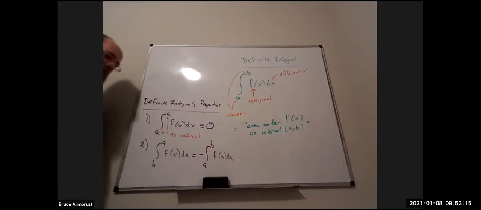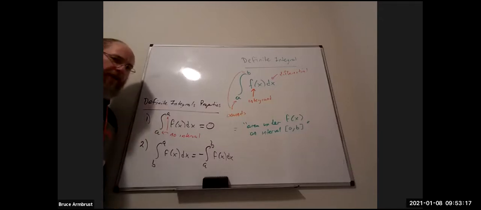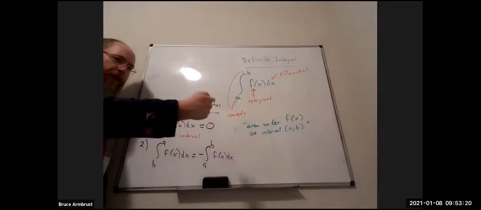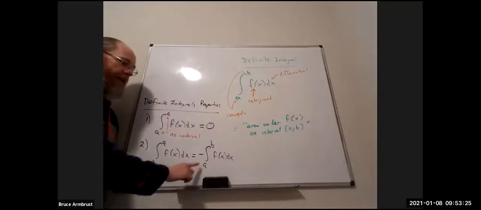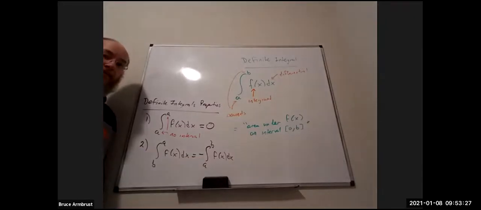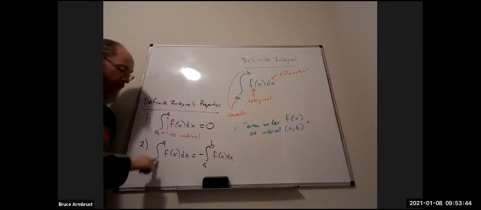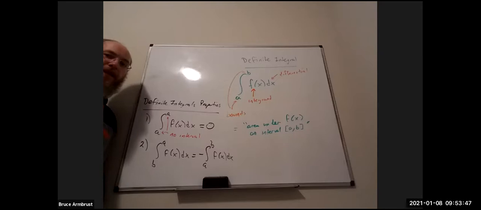Basically, this says that if you were to do it the other way, so instead of going from 2 to 5, we think of it as going from 5 to 2, we're actually going to get the opposite sign. Think about that one that we just did, the x cubed minus 1 from 2 to 5. It gave us a number of 75 halves. If we went backwards, if we said we're going to integrate from 5 to 2, the answer would actually be negative 75 halves.